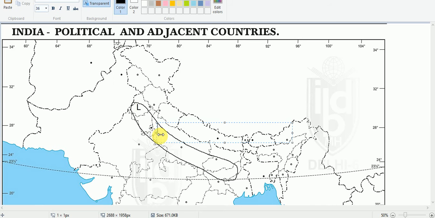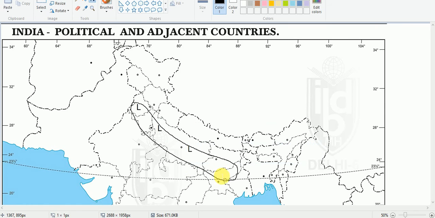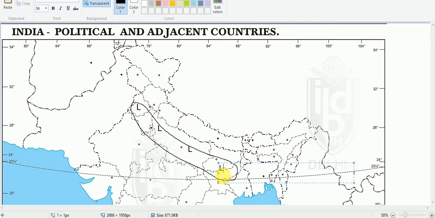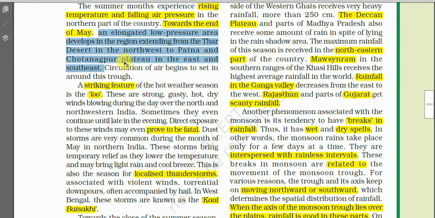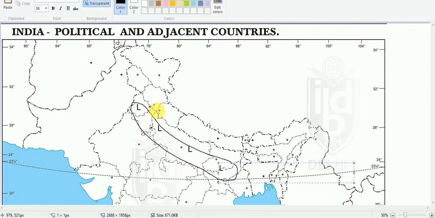That is the point mentioned here. Low pressure is extended like this, and circulation of air begins to set in around this trough. Trough means this longitudinal low pressure belt.